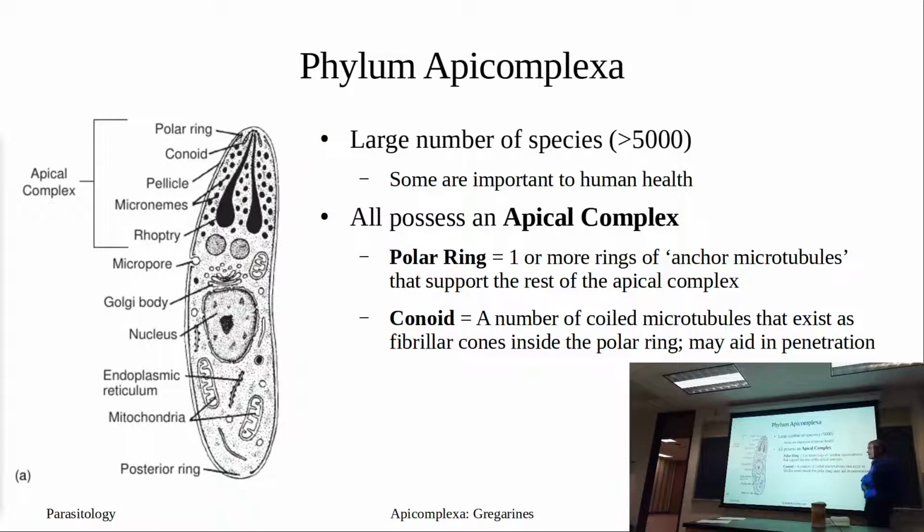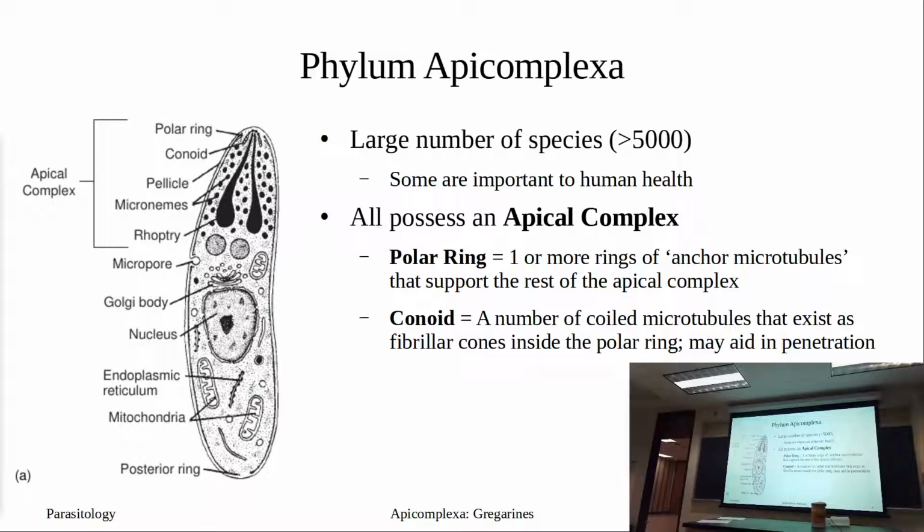This apical complex is a collection of structures at the anterior end that aids in tissue penetration, or cell penetration, I should say. So they all possess this apical complex at that anterior end. The function of this apical complex is to enter a cell, penetrate a cell.